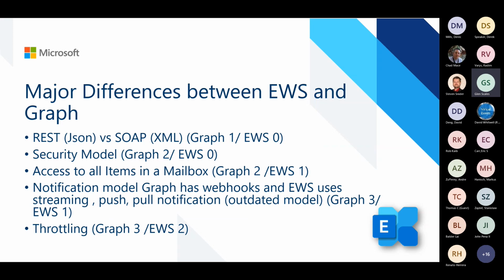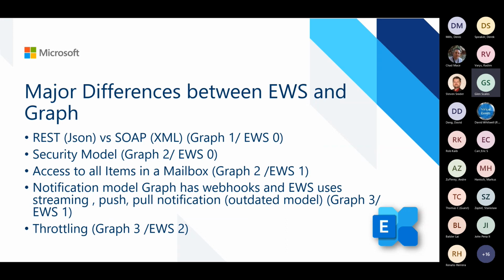But the major differences between EWS and Graph are important. Graph is a JSON-based service, while EWS uses SOAP or XML. The development experience with JSON tends to be a lot better around library support and working with it in general. On the security model, Graph has a much more superior model because it allows you to limit access.